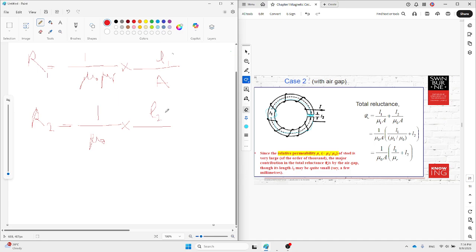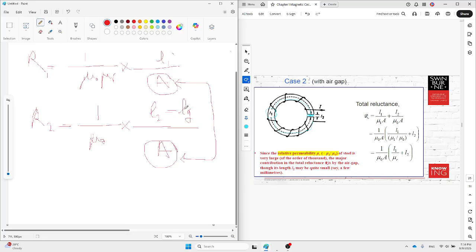L is L2, or to simplify, we can call it LG, the length of the air gap. G is for gap, as you can see, air gap. Divided by A. This A and this A are exactly identical.